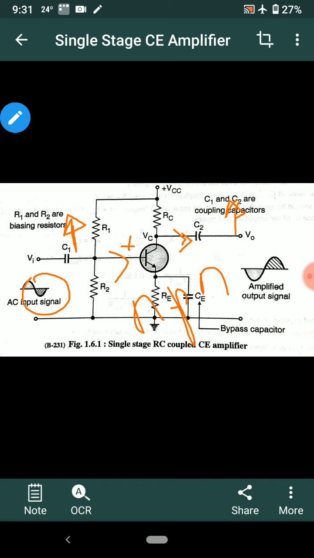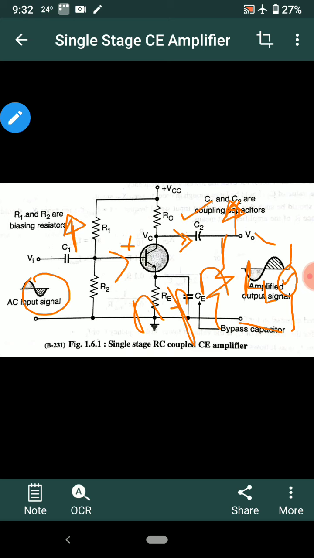This capacitor is also charged to its initial value. Then we connect the load resistor, and across the load resistor we get the amplified output signal. So this is a very simplified working principle.